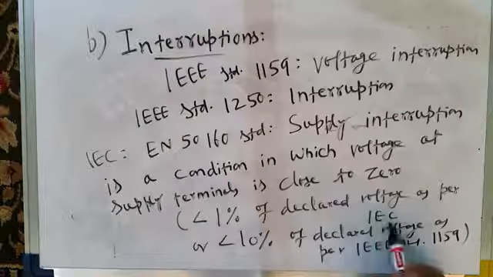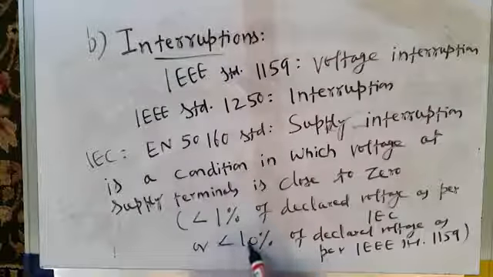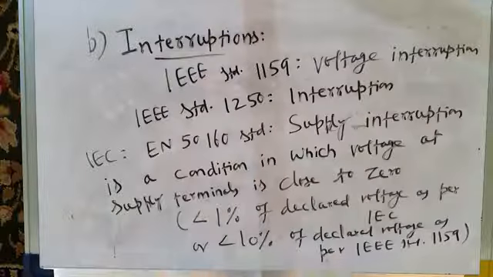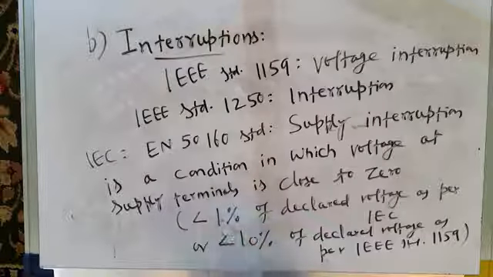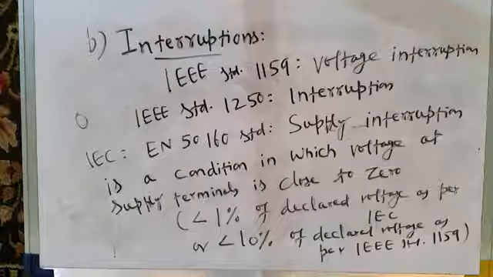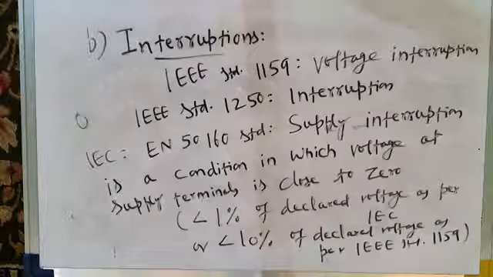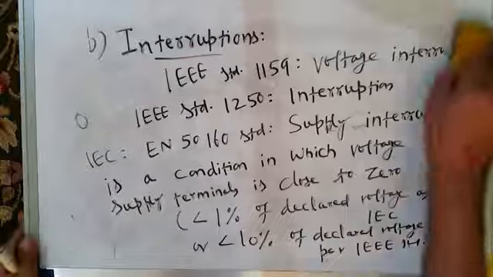Very close to zero according to IEC standard means less than 1% of the declared voltage. And according to IEEE standard 1159, if the supply terminal voltage goes less than 10% of declared value, then it is called interruption. It may simply go to zero, or it may go to a value which is less than 1% as per IEC standard, or less than 10% as per IEEE standard 1159. Now that is about the definition of interruption.